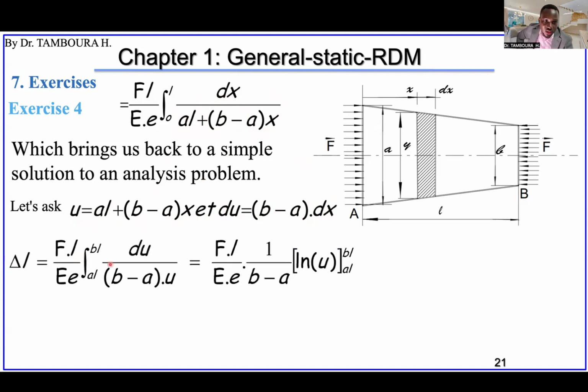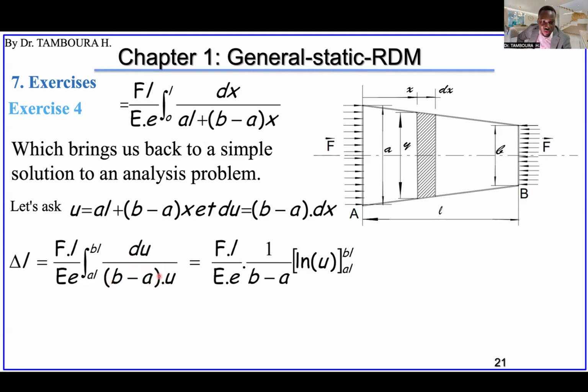So we have something like this. du divided by b minus a. This is dx from here. dx means du divided by b minus a. This is here, and multiplied by u, because all this is u, as we assumed here. This is our assumption from the beginning. Okay. Then you know that this is a constant again.